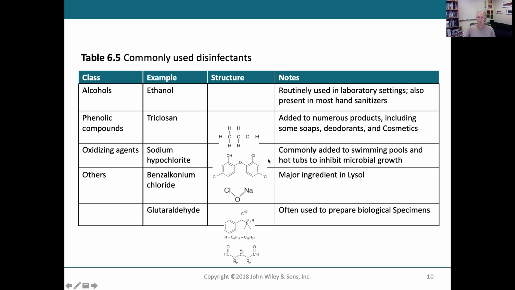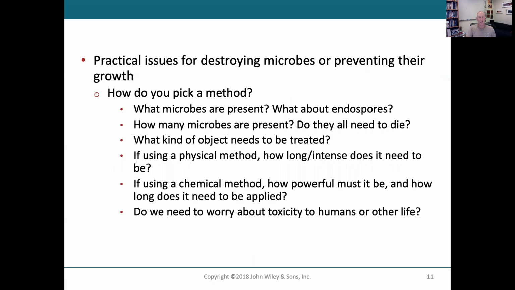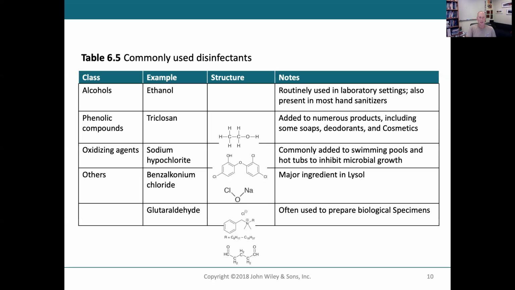So these are some different possibilities, and I'm sorry that the structures got slid down a little, so these should be moved back up here because this is ethanol here, right? Okay, so there are a number of different types of chemical disinfectants. They can work by oxidation of key components of proteins and lipids.